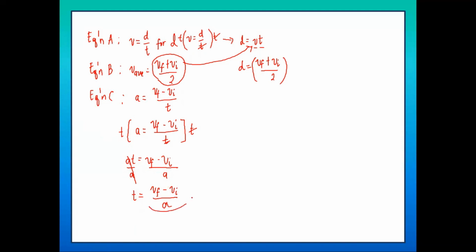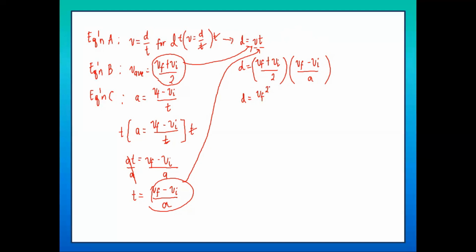So, this variable naman, ilalagay natin for your T. Okay, making it V sub F minus V sub I over A. So, combine natin yung terms kasi multiply natin to para ma-simplify. Okay? So, magiging D is equal to, multiply to v sub f, v sub f squared.